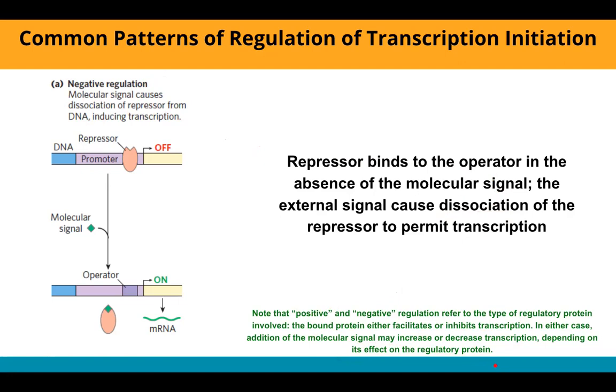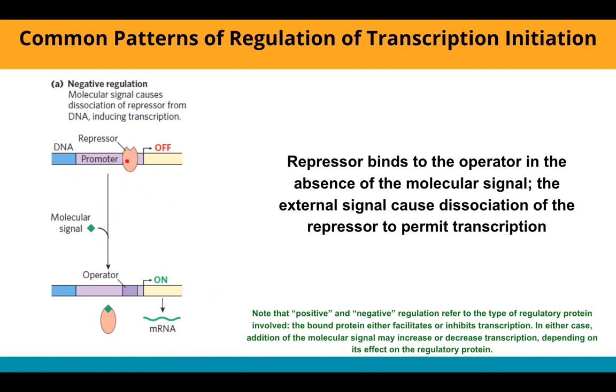So in either case, the addition of the molecular signal may increase or decrease the transcription depending on its effect on the regulatory protein. So for negative regulation, the molecular signal causes dissociation of repressor from DNA, inducing transcription. Even if it causes transcription, the signal by which it binds to the repressor is negative, meaning it is negative to the repressor.